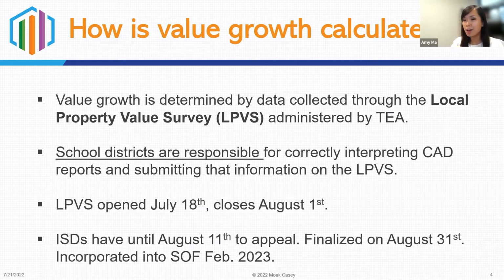If a district has any changes, they will have until August 11th to appeal. TEA will then process those appeals and finalize the final MCRs on August 31st. And now they will get incorporated into the SOF the following February, when preliminary property values are also incorporated.